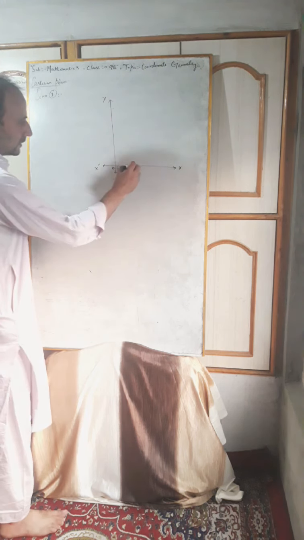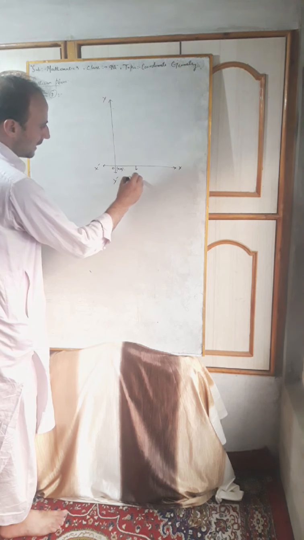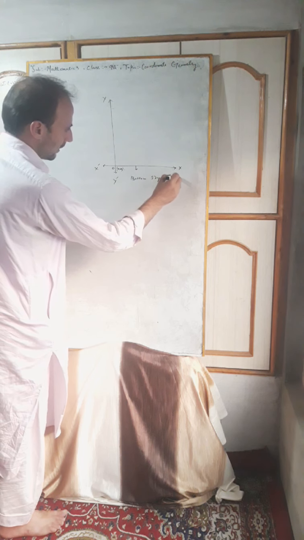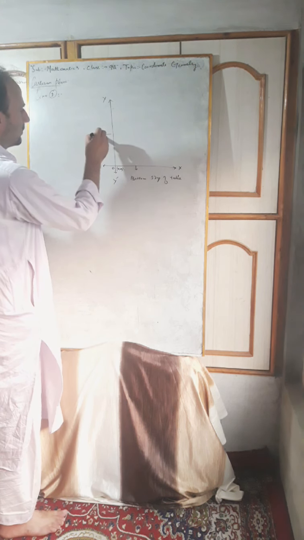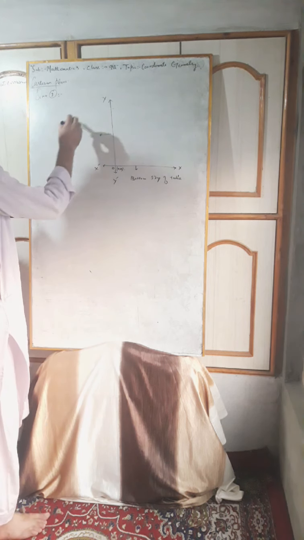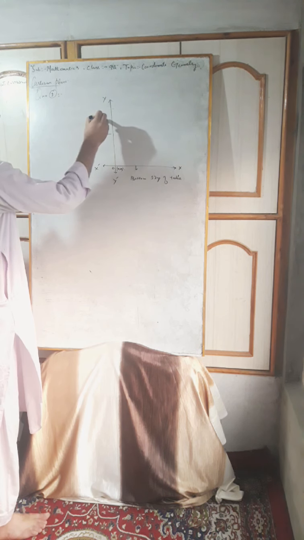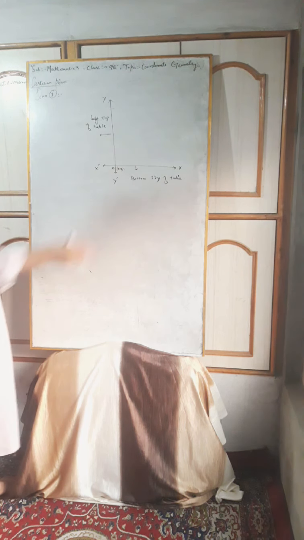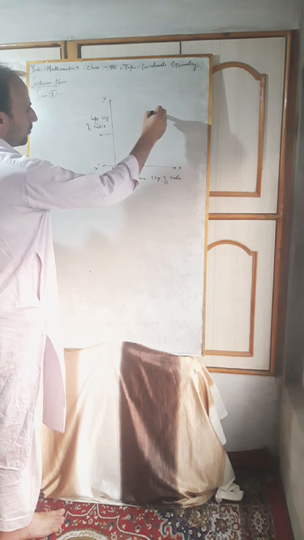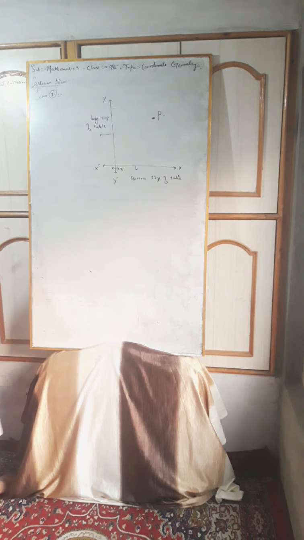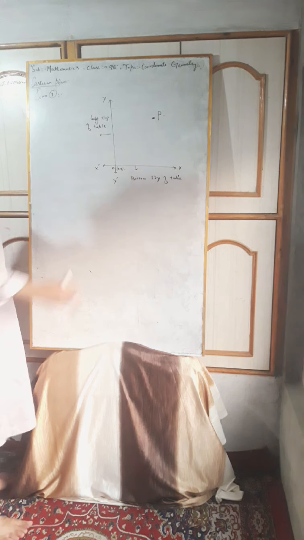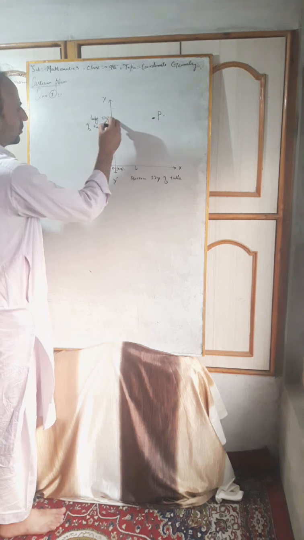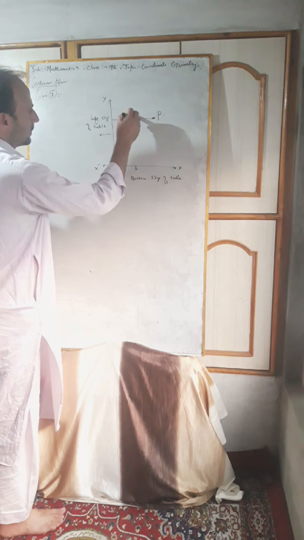Suppose this is the bottom edge of the table, and this is the left edge of the table. Suppose the table lamp is at the point P. Then how will we describe it? We will draw a perpendicular distance from the y-axis to the point P. Suppose it is A units.